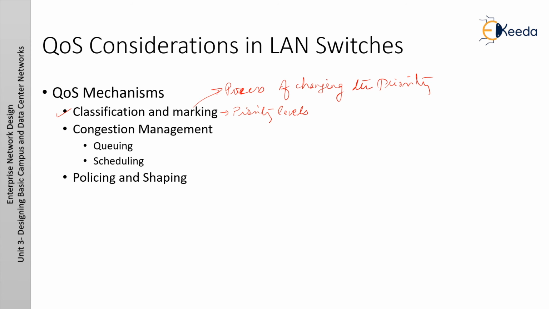Classification classifies the priority levels or classes, and marking is the process of changing the priority. Fine. Or class of services. This is changing the priority or even we can say class of services. Setting within a frame or packet to indicate its classification.